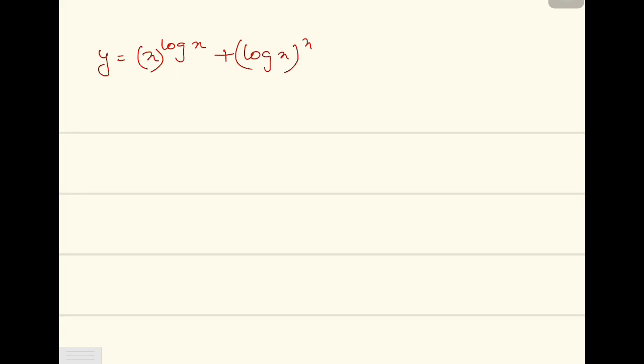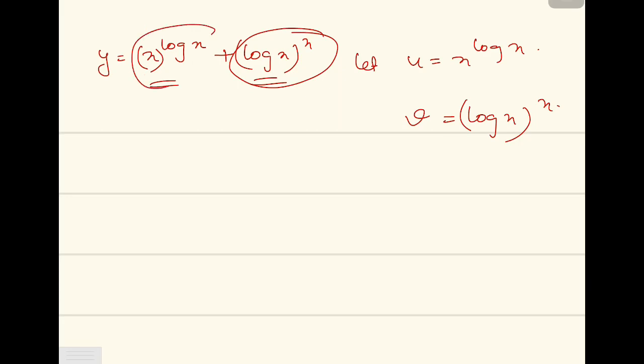Suppose you had to do this sum by using logarithm on both sides, or the long method, then you need to differentiate these two functions separately. You may say let u equals x^(log x) and v equals (log x)^x. You may have to take them out differently, and then differentiate this separately, differentiate this separately.